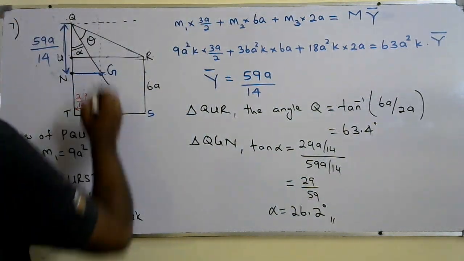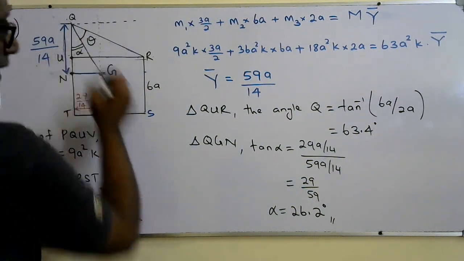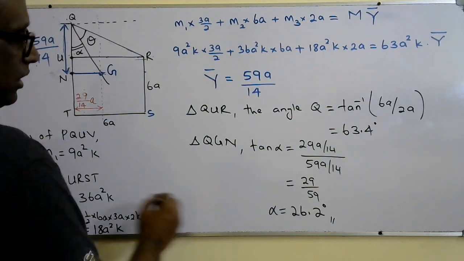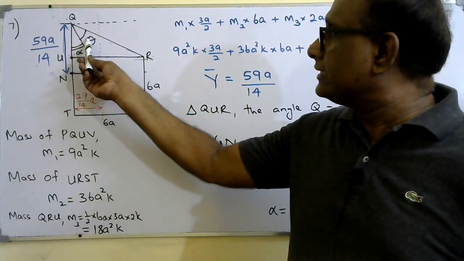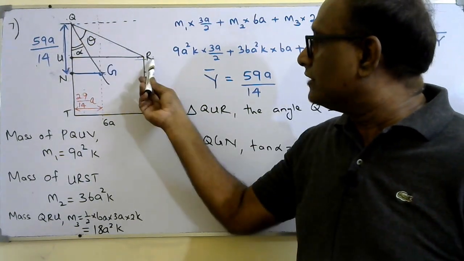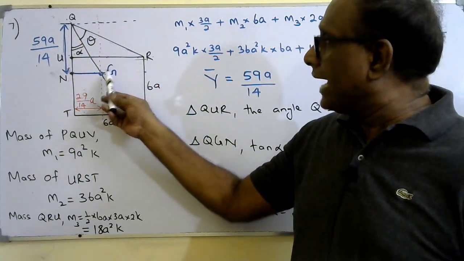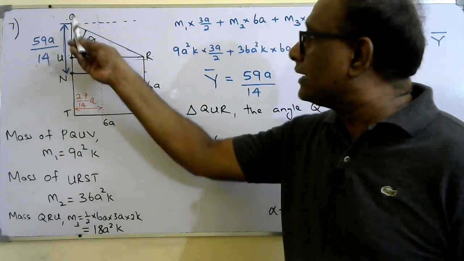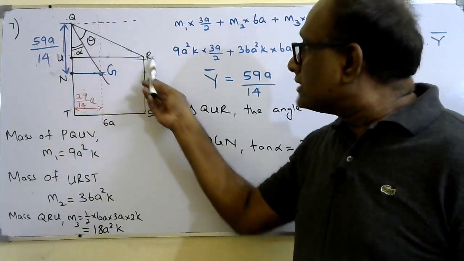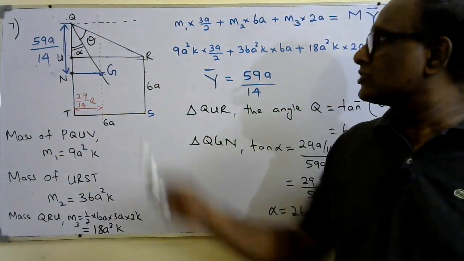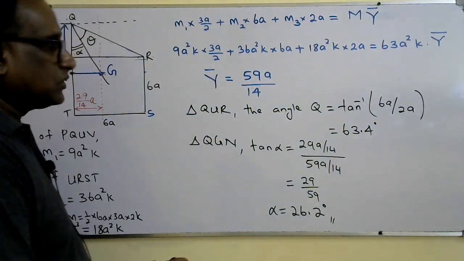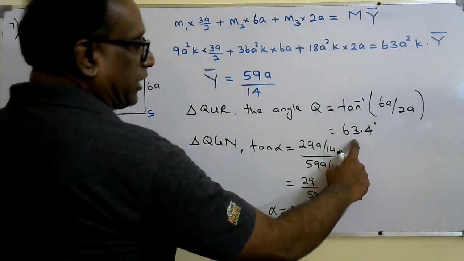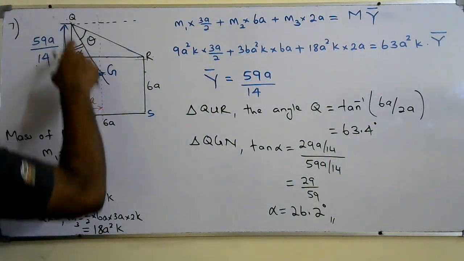Okay, so I know the whole angle, that is 63.4. I know the alpha, this angle I know. I need to find the theta because they asked to find the QR with vertical, means when you hang, the line QG will become vertical. With that, what's the angle of QR is the question. So I need to find the theta now. So simple, theta is equal to 63.4, that's the whole angle, minus alpha.